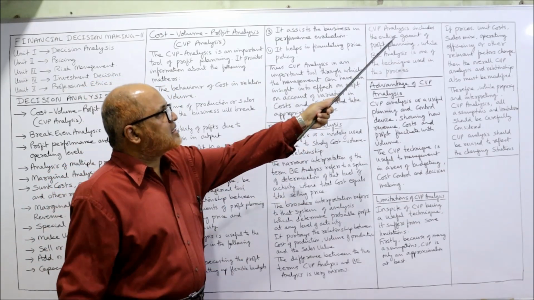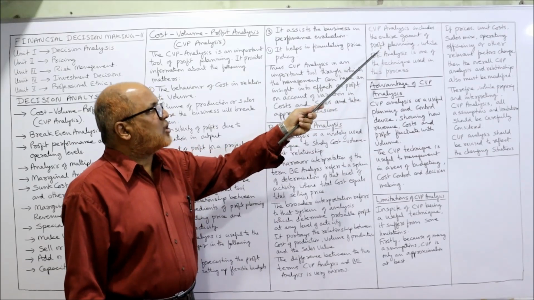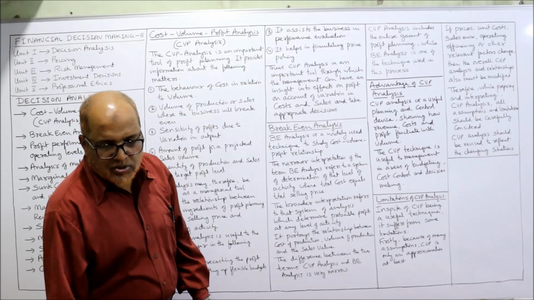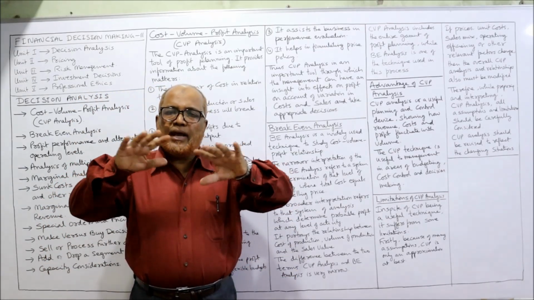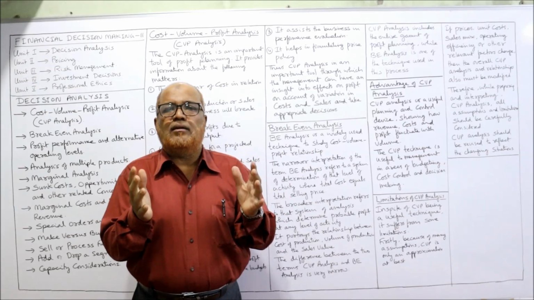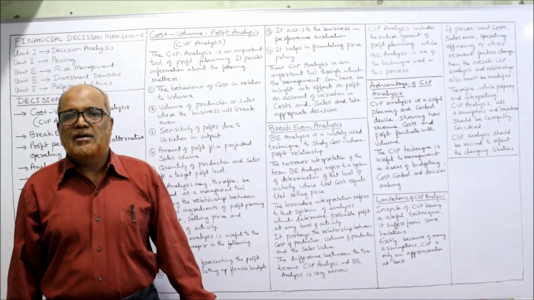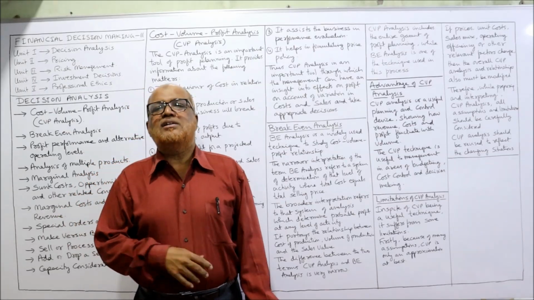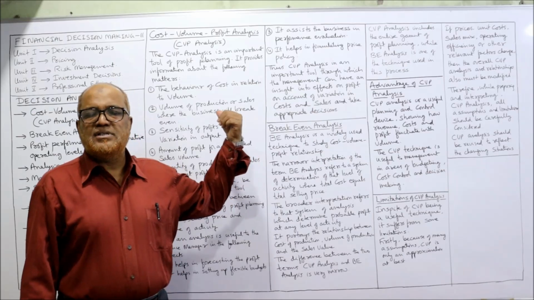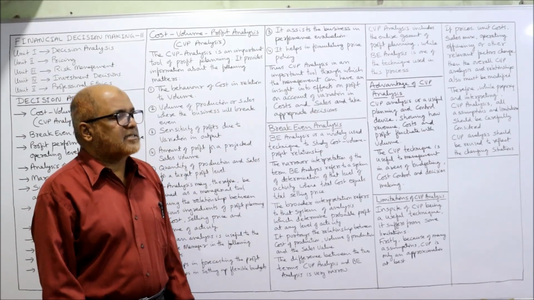Here, CVP analysis includes the entire gamut of profit planning, while break-even analysis is one of the techniques used in this process. The complete gamut of profit planning is the domain of CVP analysis. Whereas break-even analysis is only one of the techniques of CVP analysis. That's it.